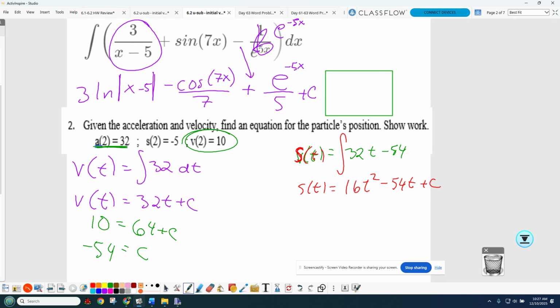How do I find the exact place? Well, going to the initial value for position, negative 5, and then plugging in the 2.